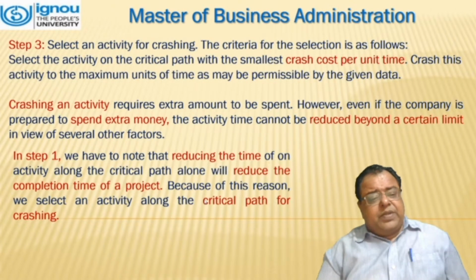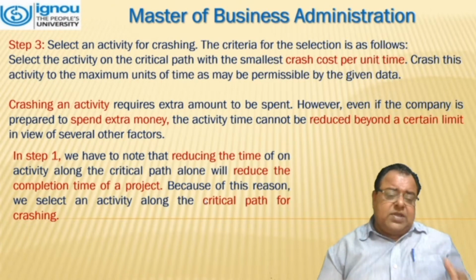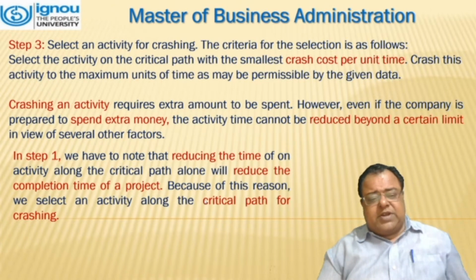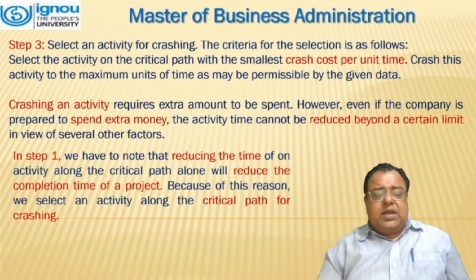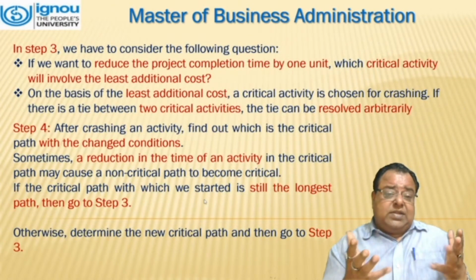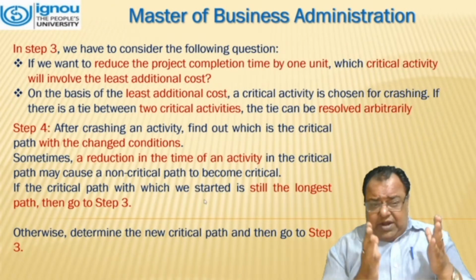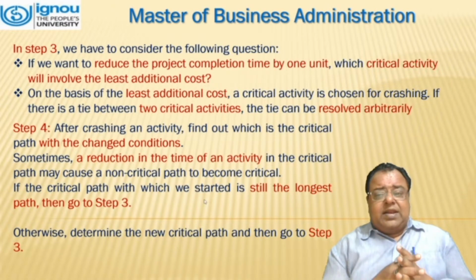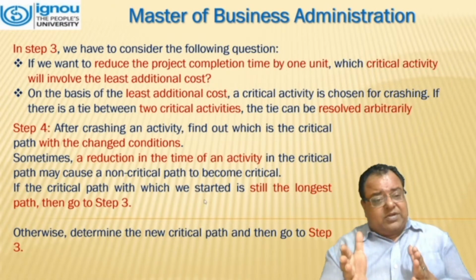In step 1, we have to note that reducing the time of an activity along the critical path alone will reduce the completion time of the project. Because of this reason, we select an activity along the critical path for crashing. In step 3, we have to consider the following question: if we want to reduce the project completion time by 1 unit, which critical activity will involve the least additional cost?